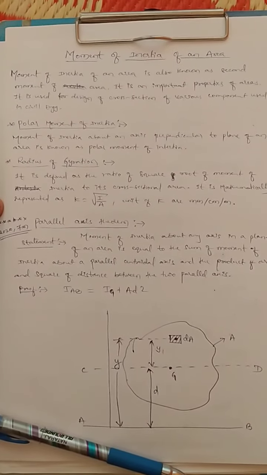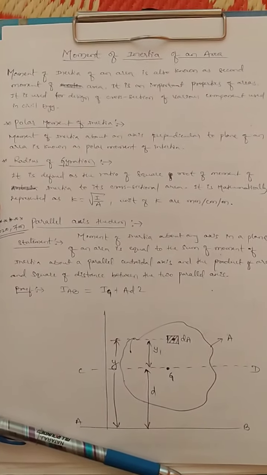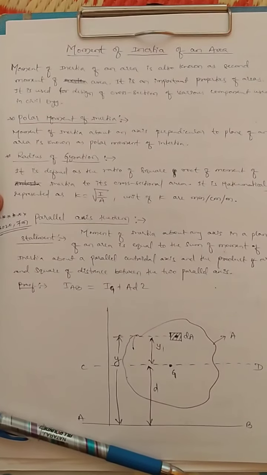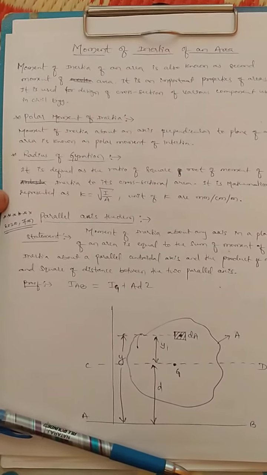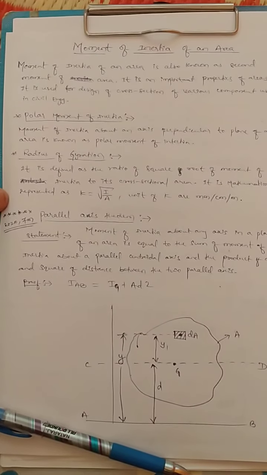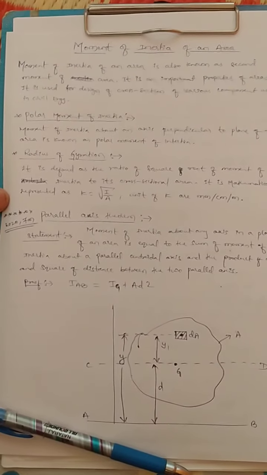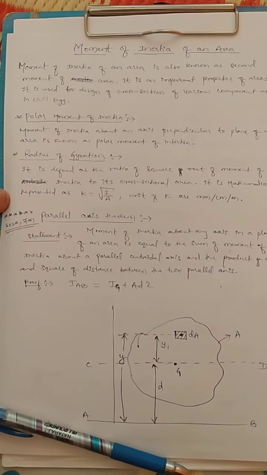Now in our syllabus we have numericals to be solved, and we have to calculate the moment of inertia of component structures like L shape, T shape, U shape, C shape. These are the few elements or shapes in our syllabus for which you are supposed to locate the moment of inertia.